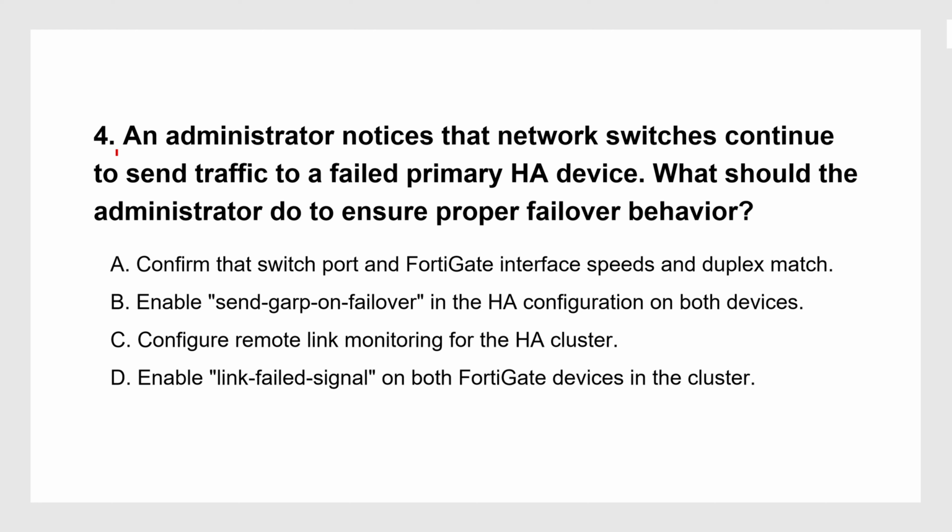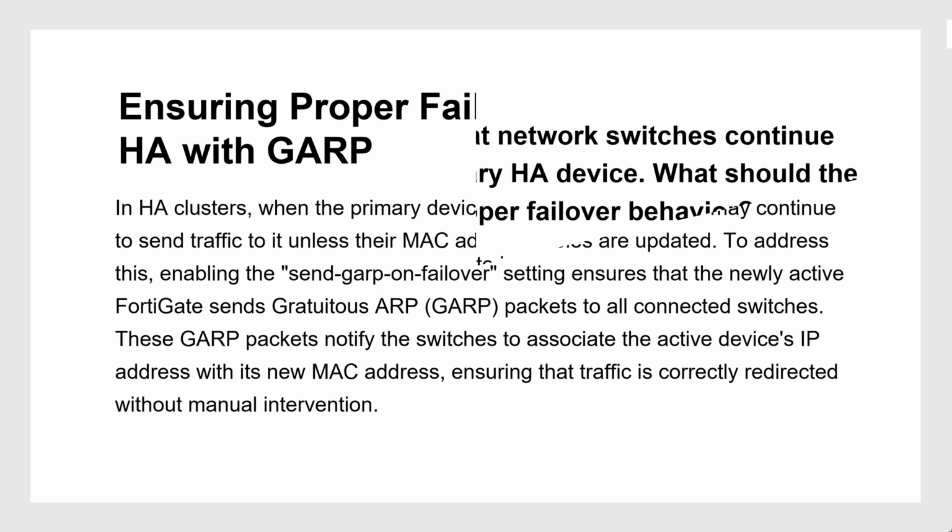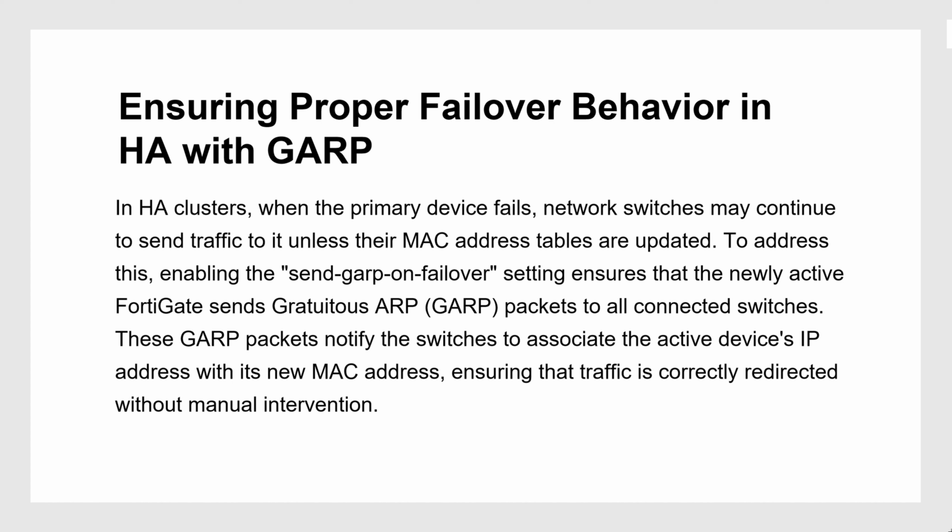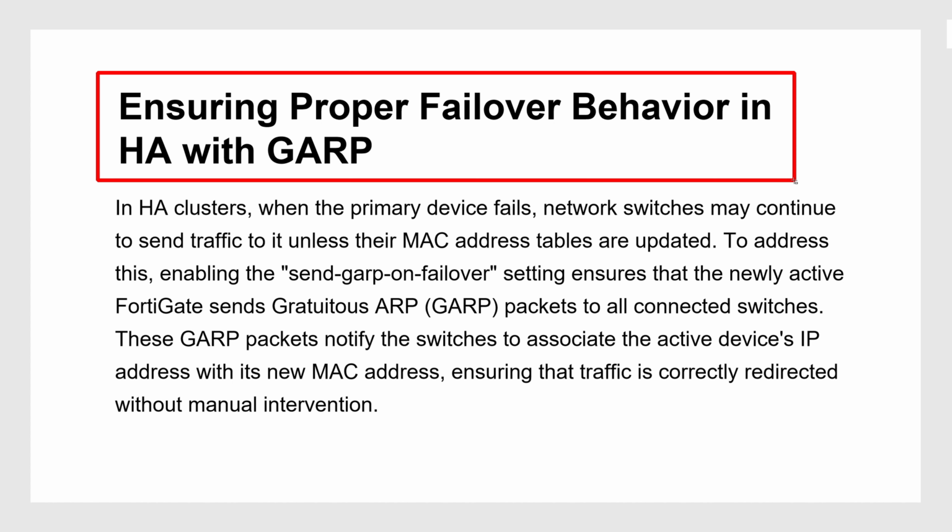Question 4. An administrator notices that network switches continue to send traffic to a failed primary HA device. What should the administrator do to ensure proper failover behavior? The knowledge points of this question are using gratuitous ARP for failover.